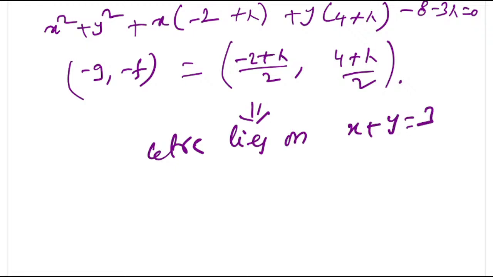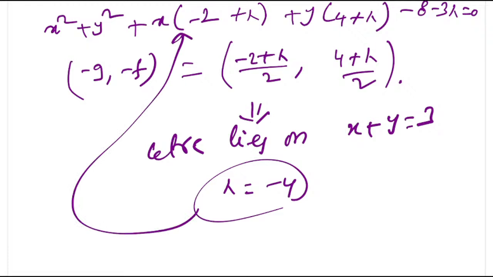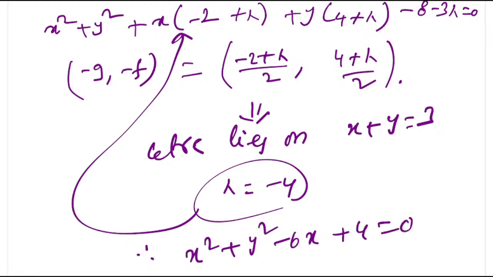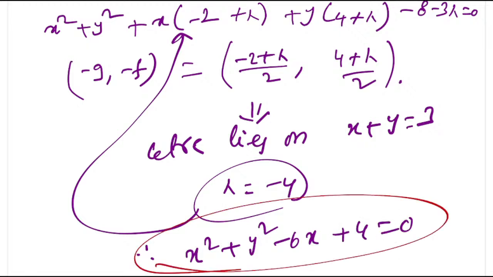By putting it, you will get lambda as minus 4. Now put this lambda back into the equation, then you will get it. That's it. That's the equation of the required circle having AB as the diameter.